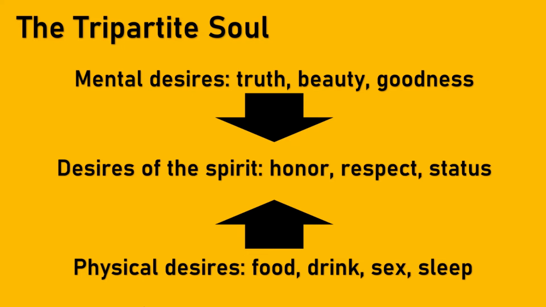But there's another part that's in between those two, and that is actually kind of a mediator between those two. And this is the part that rage is characteristic of. And this middle part is the part that has to do with the desire for honor, the desire to put oneself forward, the desire to acquire status. This is also a crucial part of the human psyche, because human society is hierarchical.